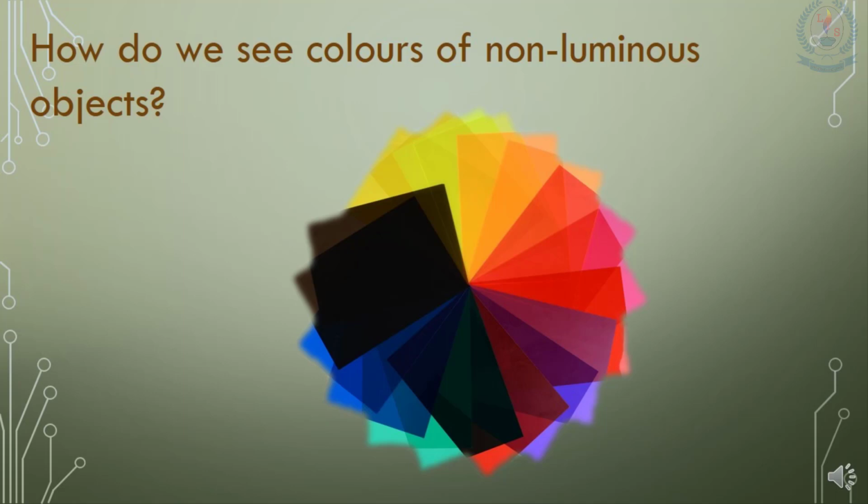Okay, so this is the place where a light filter comes to our aid. A light filter is usually made up of transparent material. It absorbs some colors and allows other colors to pass through. So children, the absorption of colors is also known as the subtraction of colors.